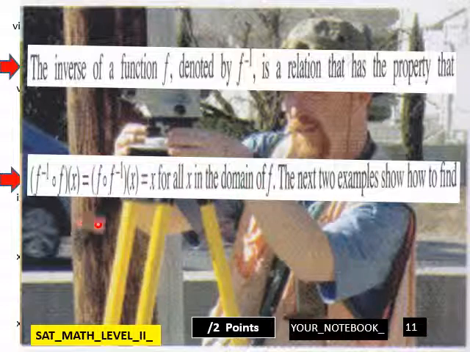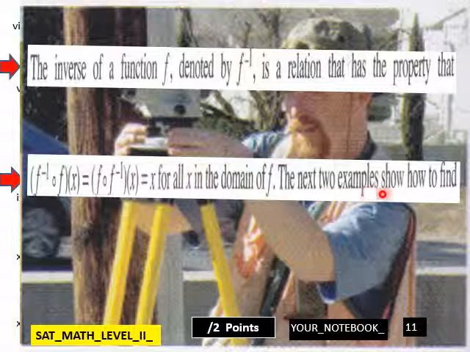So that's a fancy way of saying that when you multiply a function by its inverse, we'll end up with x, basically is what it means. When you stick the inverse of a function into the function, you'll end up with x. And then this one here, when you have f and then you stick the inverse into f of x, you'll end up with x for all x in the domain of f.